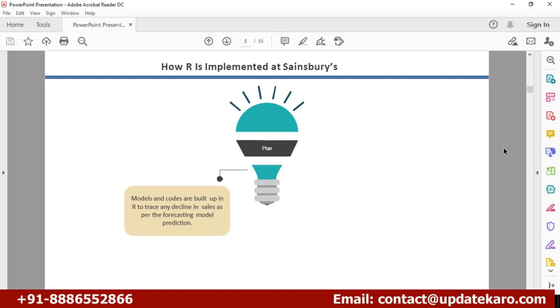Models and code are built in R to trace any decline in sales as per the forecasting model predictions. You understood now? In this, they built models which predict the sales. When the sales were going down, they took instant decisions on how to improve them. Where was the problem?